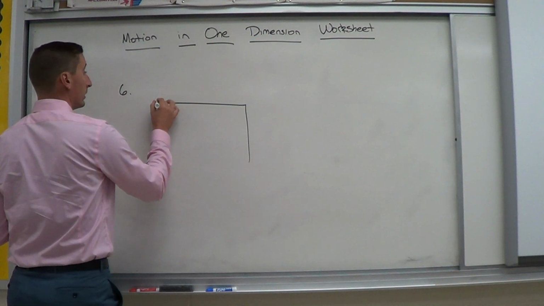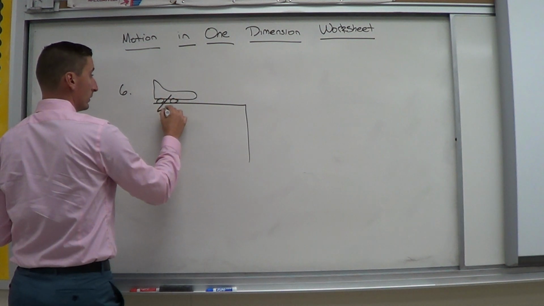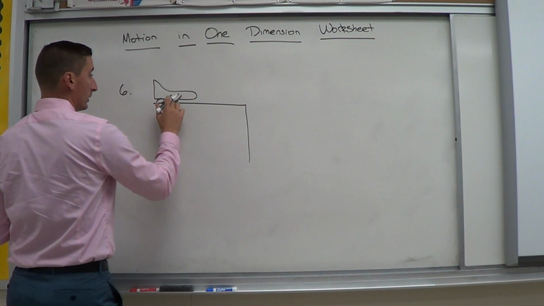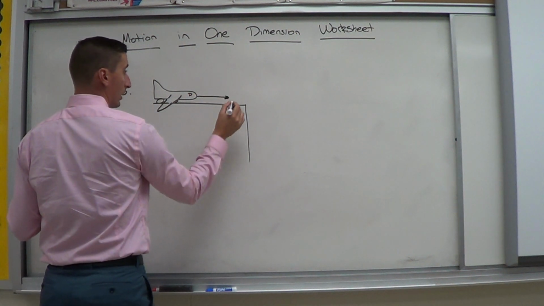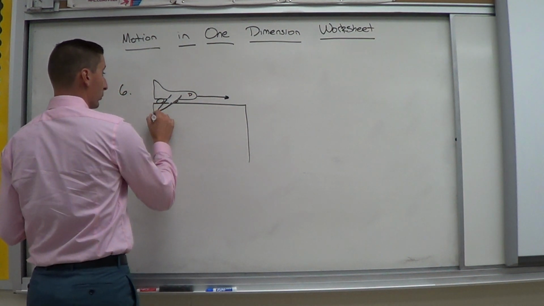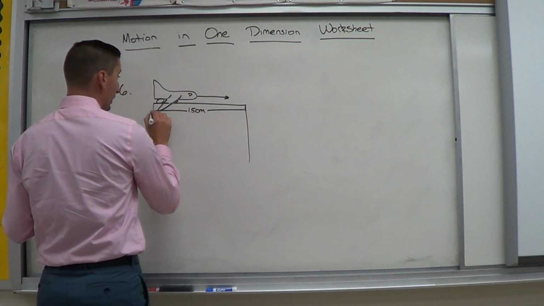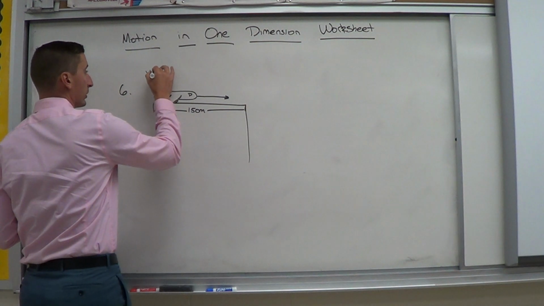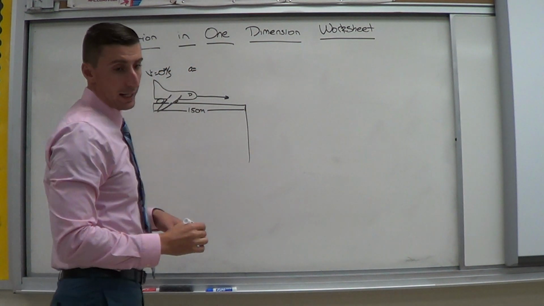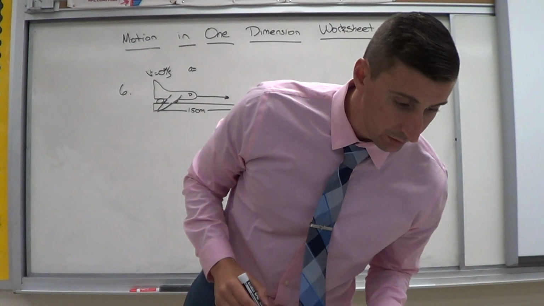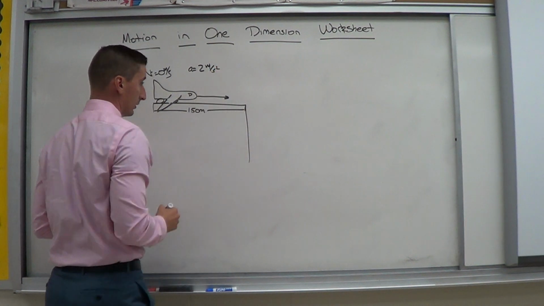So an airplane here, it's going down the runway. The runway, it says, is 150 meters. The plane starts from rest, so initial velocity is 0. It says the plane can accelerate at 2 meters per second squared, so it speeds up at 2 meters per second squared.